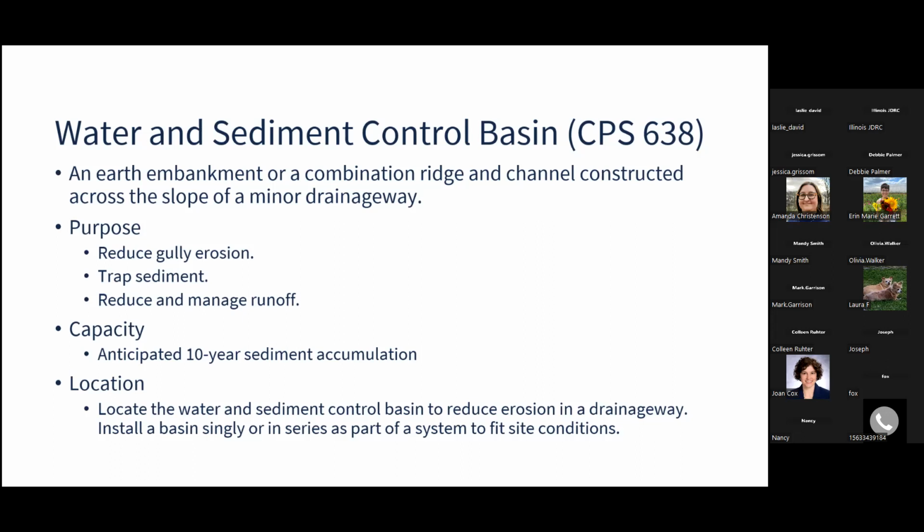So when choosing the location, it is also important to evaluate the extent of the ponding that will occur from the basin, because basins need to be built large enough that they can collect both water and sediment without overflowing. And then maintenance is also required to keep the basins functioning properly, which just includes periodically removing any collected debris and sediment.